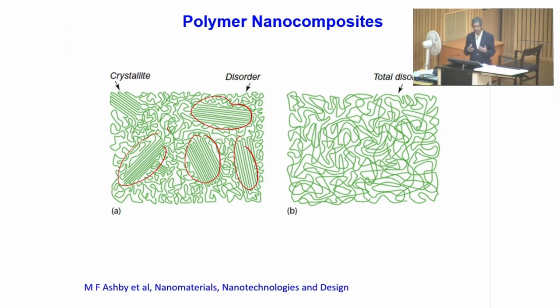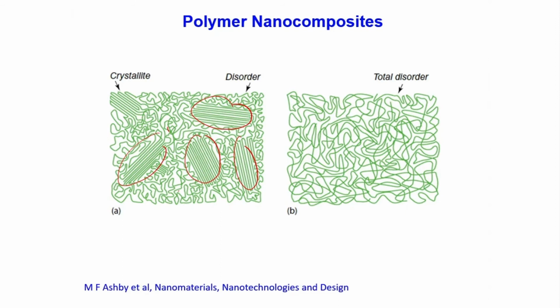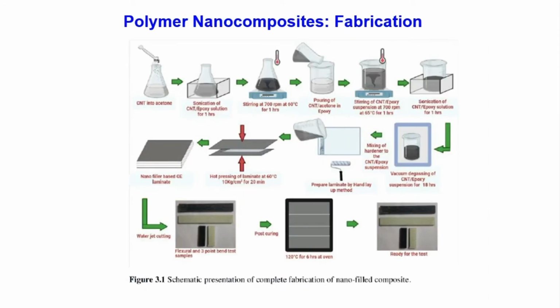So, this is how different kinds of polymers can be present, and in the nanocomposites, either of these phases can be crystalline, or these phases can otherwise be amorphous also. You can always put carbon black into an amorphous polymer to produce polymer nanocomposites. That is also possible.